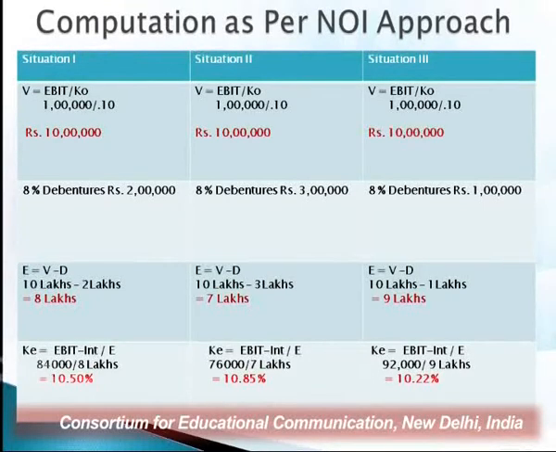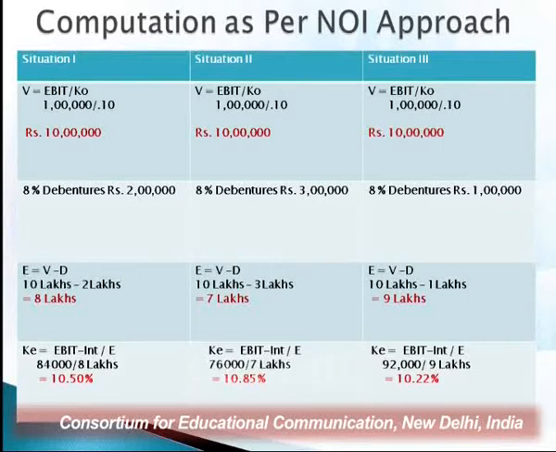Now moving ahead, in situation number 2, as I already told you how to calculate the value of firm, that is given there as 10 lakh rupees. Now it's time to calculate the market value of equity, which is 10 lakh minus 3 lakh, because we have increased the quantum of debt from 2 lakh rupees to 3 lakh rupees, and here the market value of equity becomes 7 lakh rupees, right? And to calculate cost of equity, EBIT minus interest divided by market value of equity.